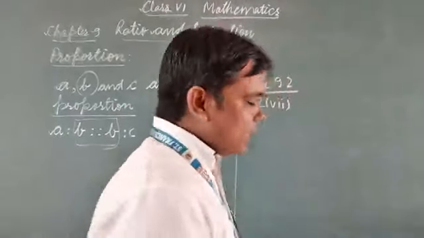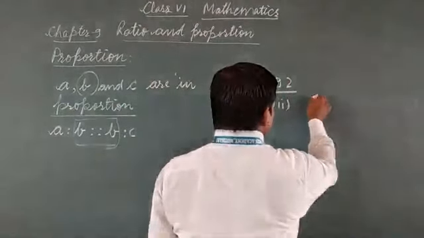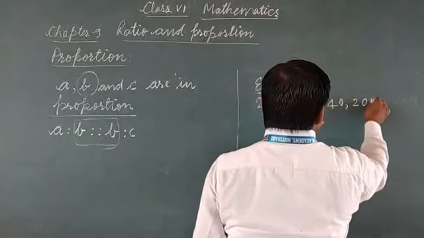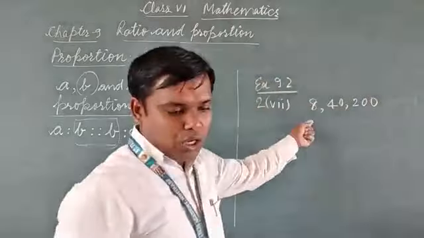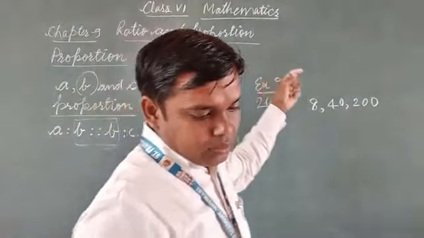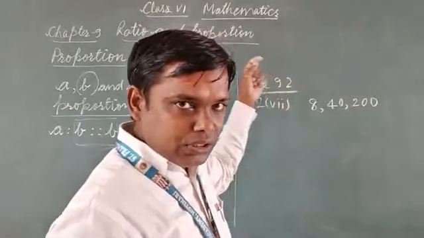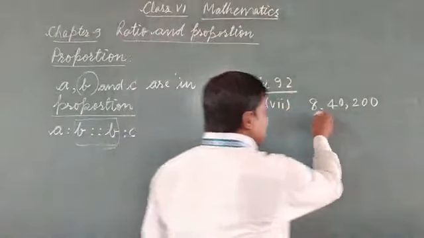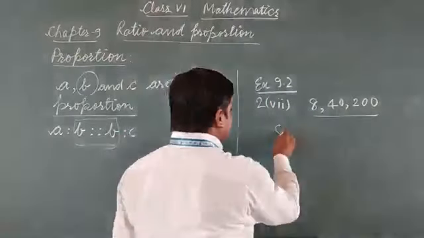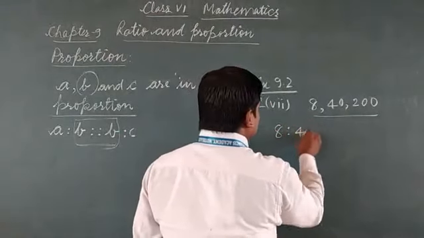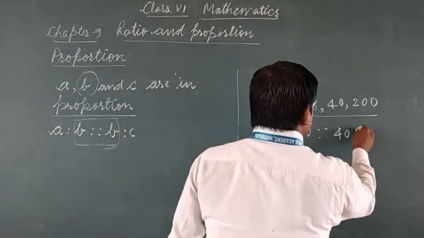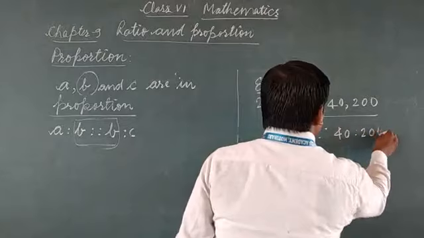But here you have 8, 40 and 200. Are they in proportion or not? You have to check. If they are in proportion, then 8 is to 40, proportion to 40 is to 200.